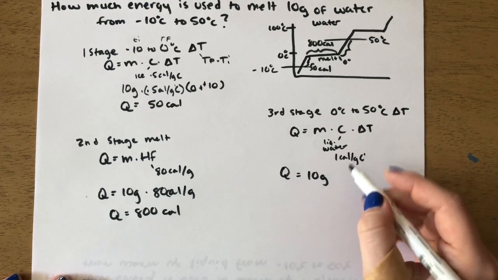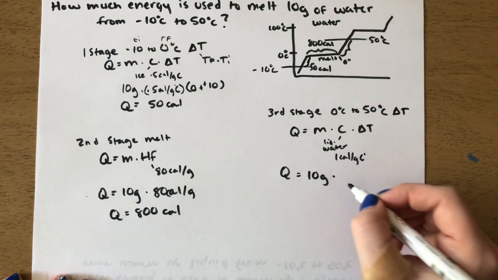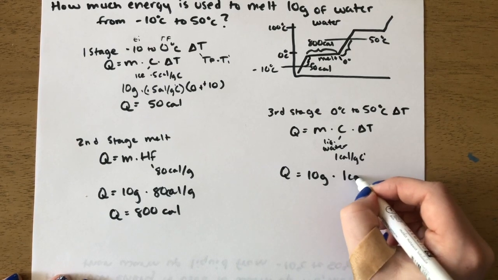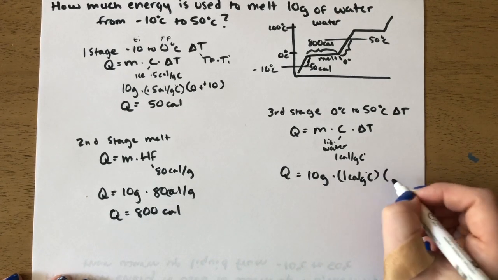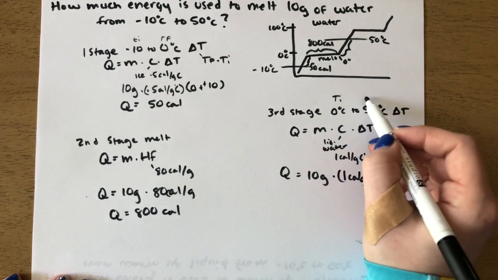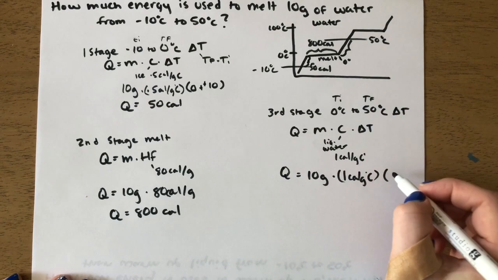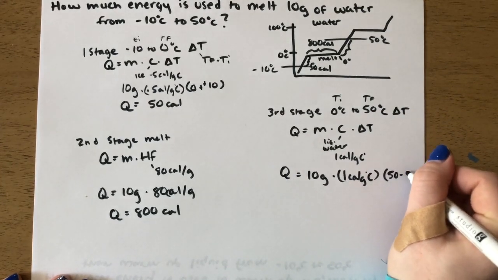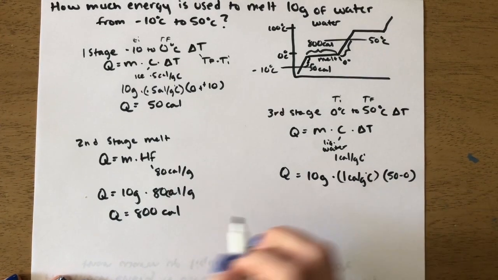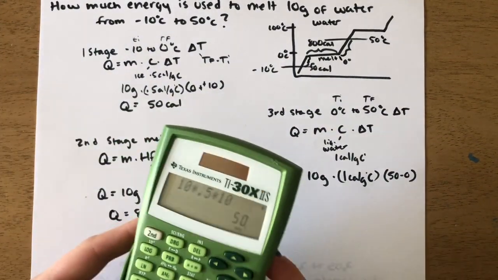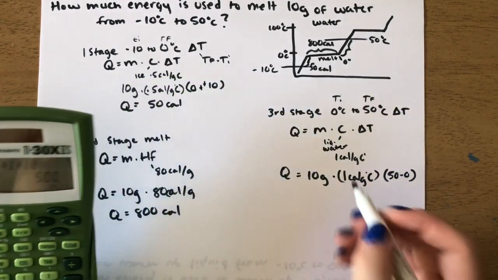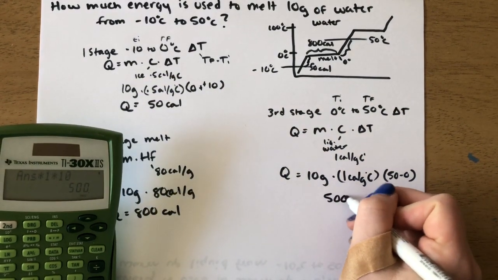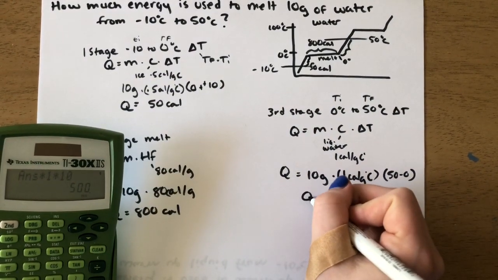So we have 10 grams, and we're going to multiply that by 1 calorie per gram Celsius, and by the change in temperature, final minus initial, so it'll be 50 minus 0. So 50 times 1 times 10 gets us 500 calories for this stage.